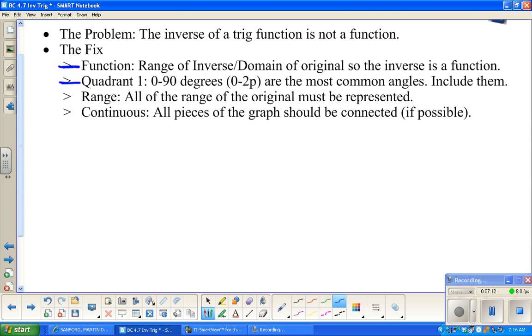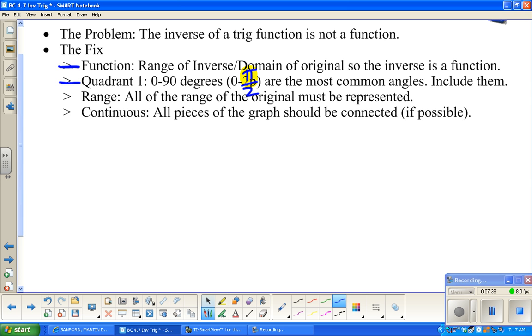We also need to include quadrant 1 in what we're doing. In other words, sorry, I forgot to change that to 2 pi. We have to include 0 to 90 degrees, because those are very, very common angles. That's supposed to be pi over 2, sorry.